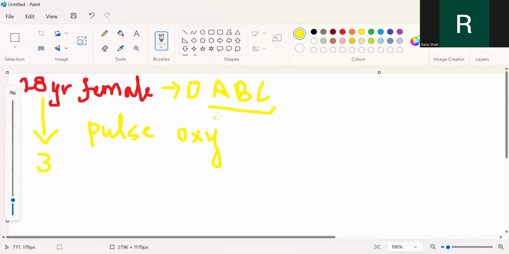When you intubate, also include an NG tube in the orders because we don't want aspiration. This way we are securing her airway and breathing, and for circulation, give normal saline.